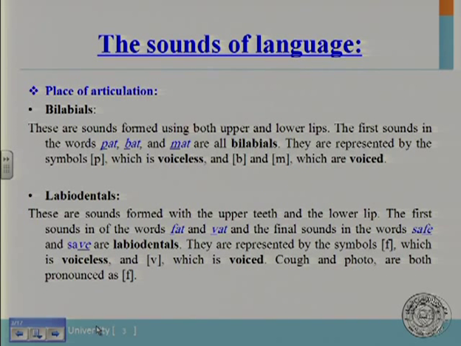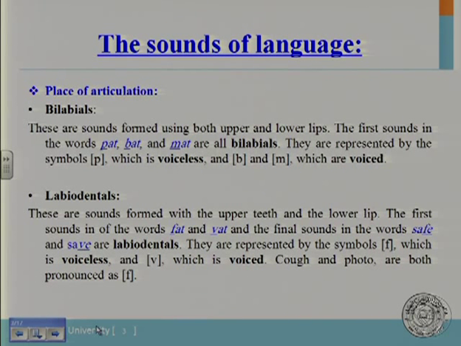And we say that these are sounds, not letters. If these were letters, the pronunciation would be totally different. It would be pa here, ba here, and this would be pronounced as em.